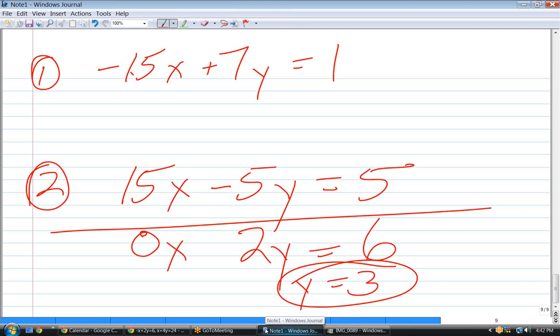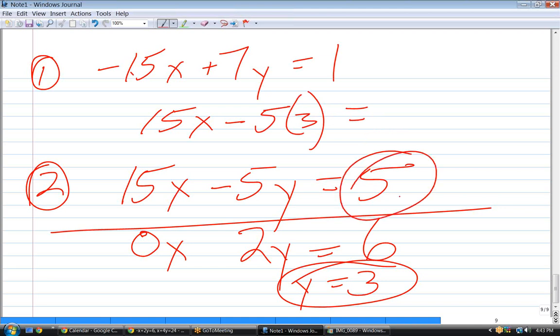Now you plug it in to solve for x. Which one? I'd say the easiest would be the second one, because it has a positive coefficient already. So 15x minus 5 times 3 equals 5.